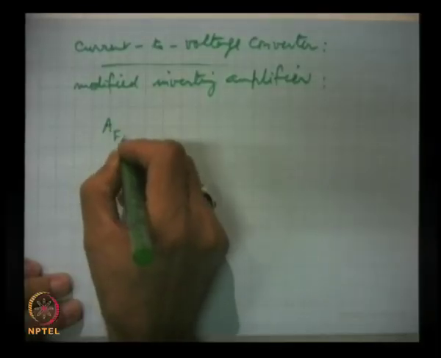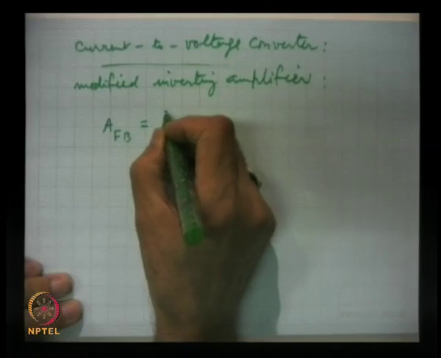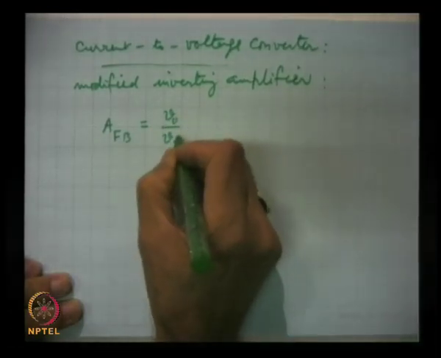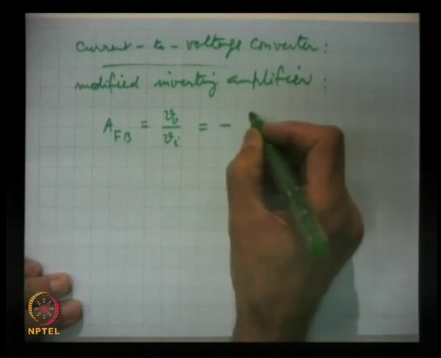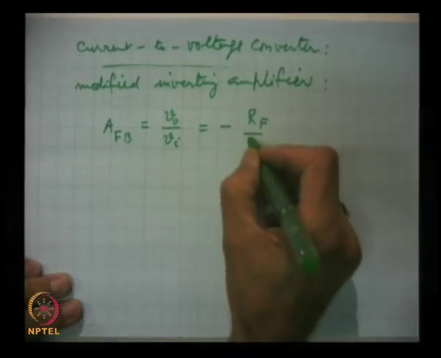Other situations may be in digital to analog converters. There are several sensors which will give you the current, and we have to get the corresponding voltage. Now, as I said, it is a modified inverting amplifier. For an inverting amplifier, the gain with feedback, which is the ratio of output to input, is equal to minus Rf by R1.